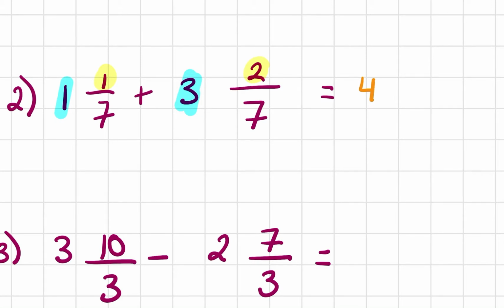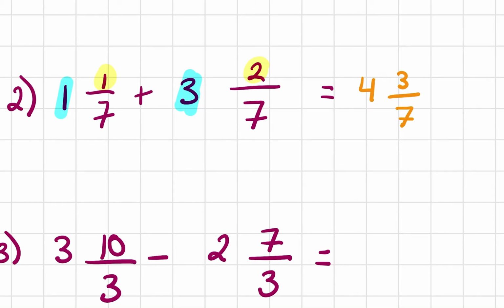Now looking at the proper fractions that I've highlighted in yellow, you're going to again add the numerators only. And in yellow, the numerators are 1 and 2, which added together gives you 3. And just like I said earlier and on the first slide, nothing changes about the denominator. It is still 7.